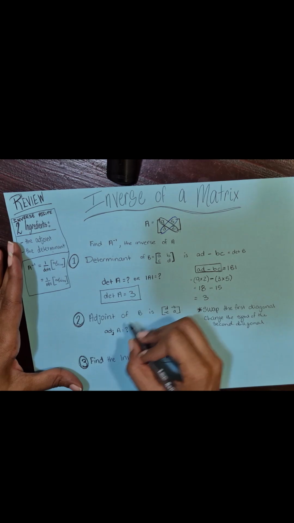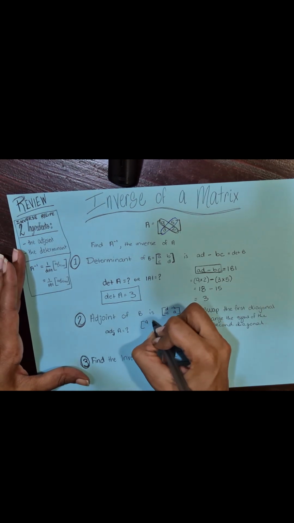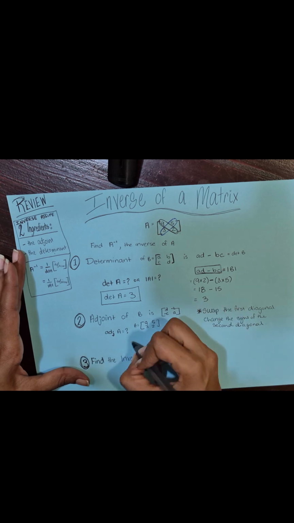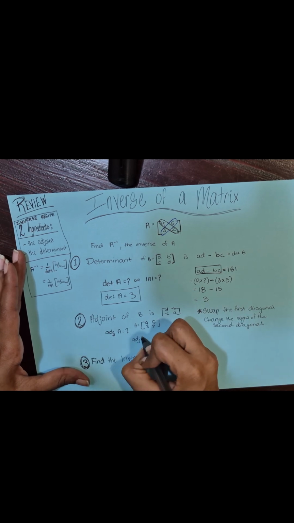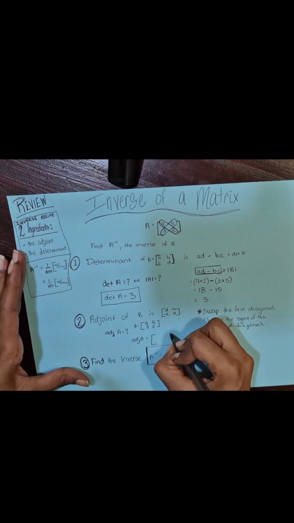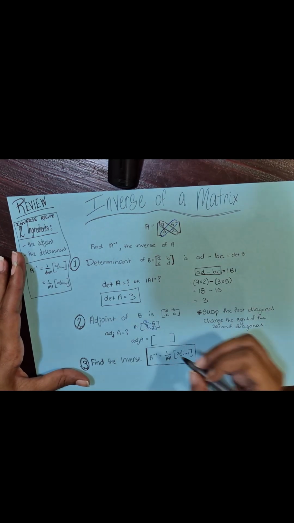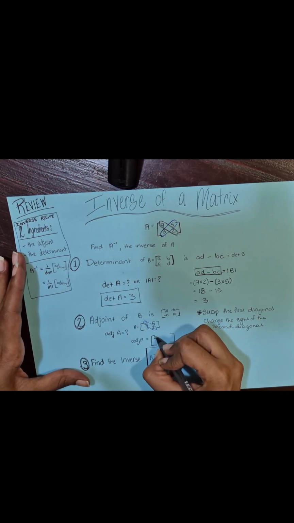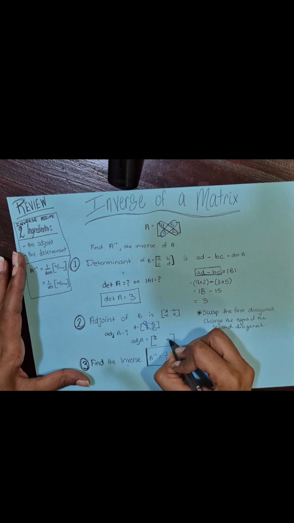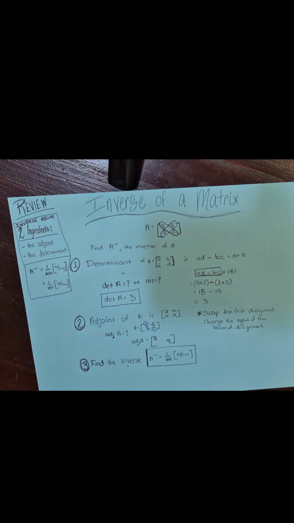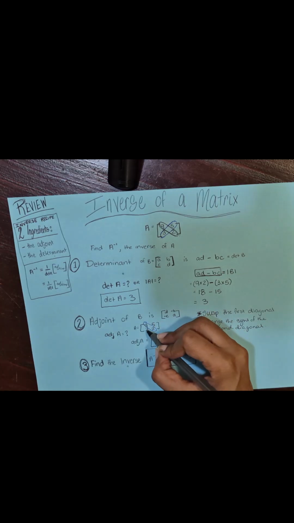So if we have to find the adjoint of A, this is the regular A. The adjoint of A means I have to swap my leading diagonal, 9 and 2, so they're going to switch places, so 2 will go here instead, and 9 will go here, and the other diagonal is going to just change signs. So I have a 5 and a 3.